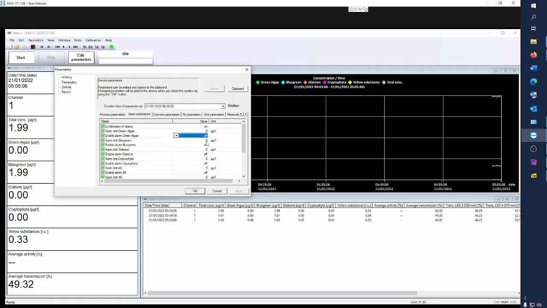And the same is with the limit of blue algae. With all of these installed calibrated algae, you can set an alarm, and that is all you can do.